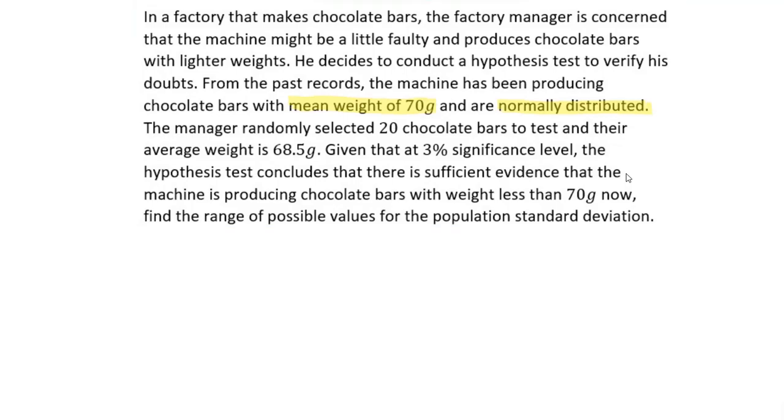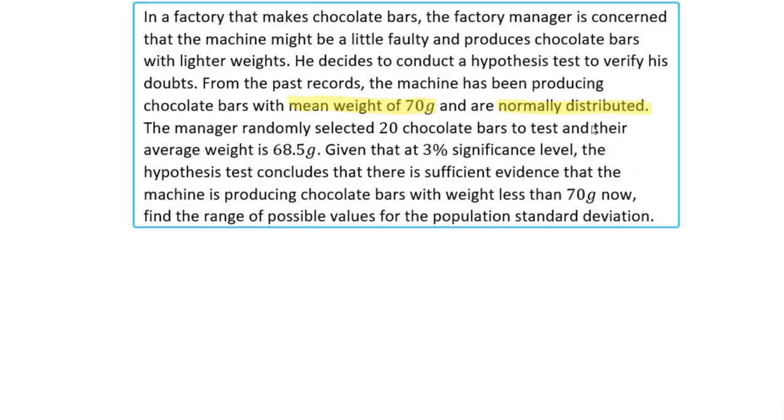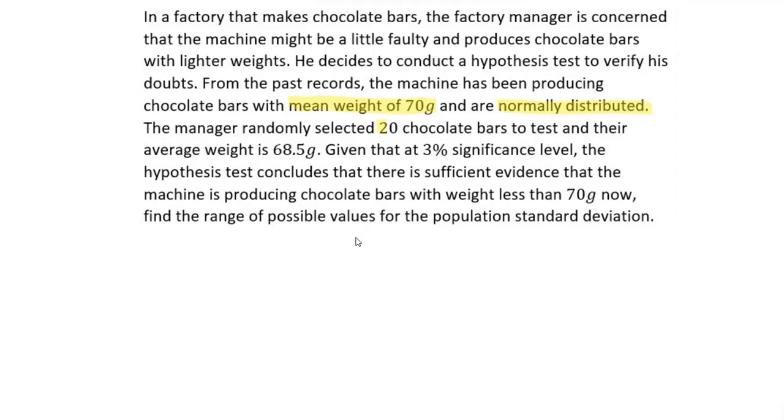So we know the population mean, and they are normally distributed. The manager randomly selected 20. You can see that the sample size now is just 20, which is considered a small sample size. He selected 20 chocolate bars to test. Their average weight is 68.5 grams. So this is your little x bar.